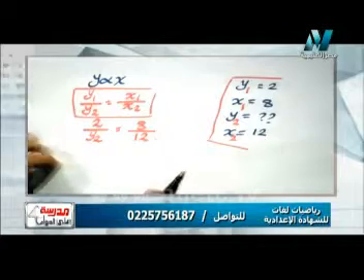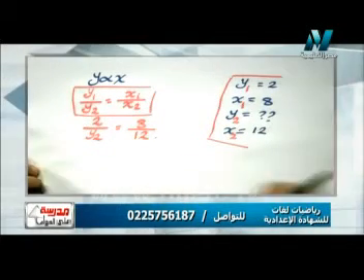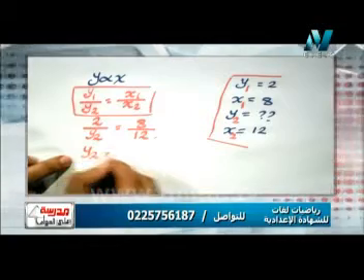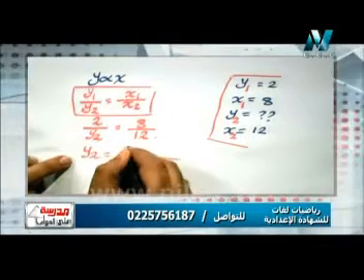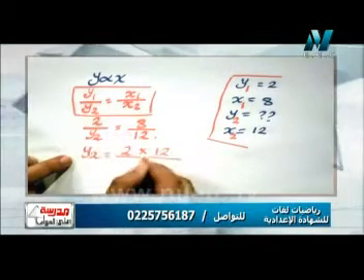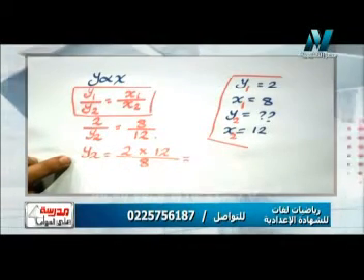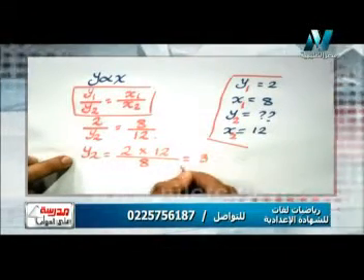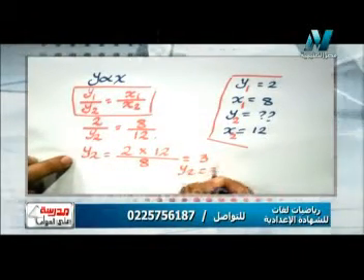Then we use cross multiplying. It means y2 equals 2 times 12 divided by 8. 2 times 12 is 24, divided by 8 equals 3. Then y2 finally equals 3.